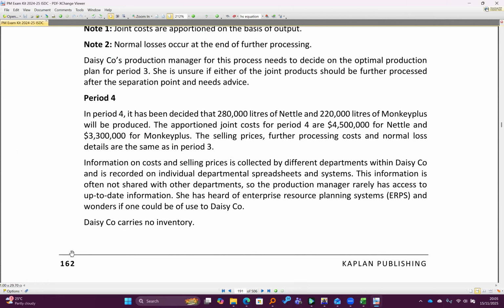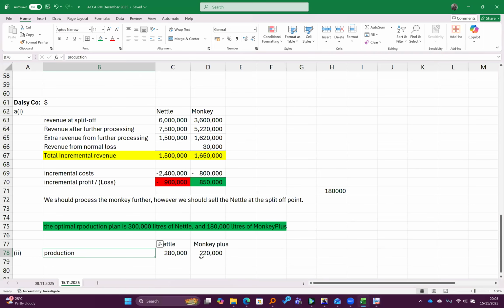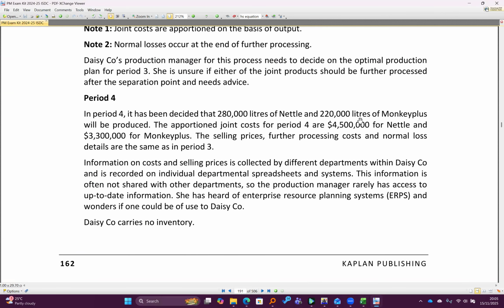But if we say actually we want to produce 220,000 liters of Market Plus, it means that we shall produce a little bit more than this in terms of monkey, because remember there's that 10% loss.